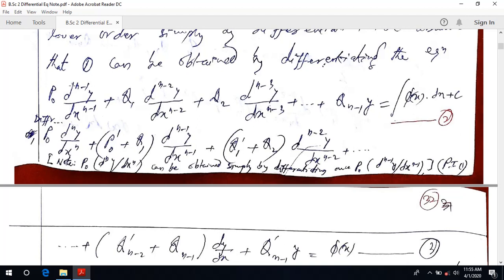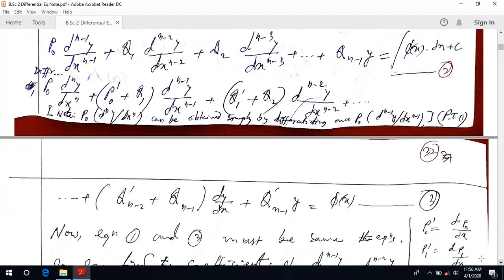Differentiating once, this term will give you d^n y by dx^n, plus, this time you consider this term as a constant and differentiate p naught with respect to x. So it will give you p naught prime. The differentiation of p naught with respect to x is denoted by p naught prime.